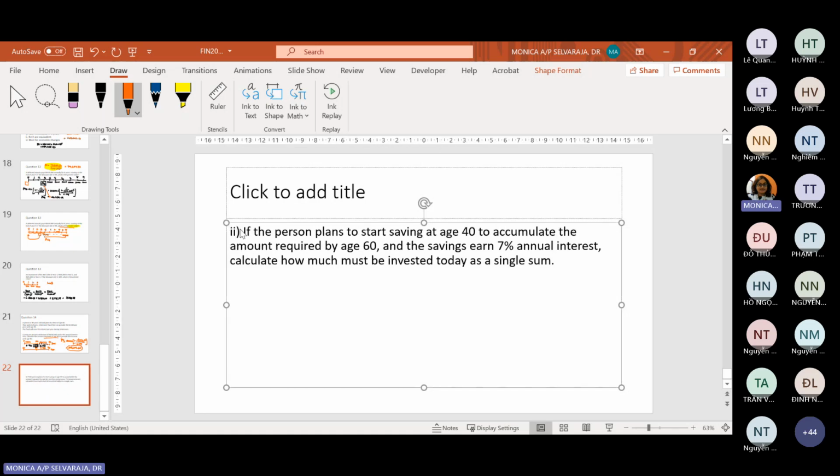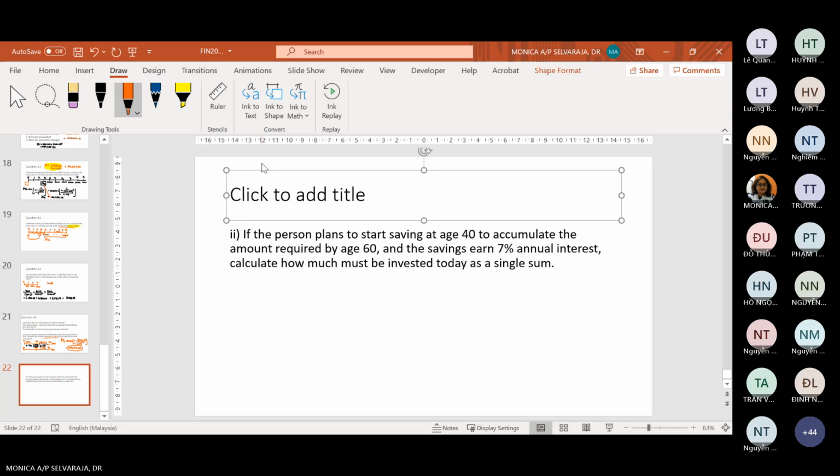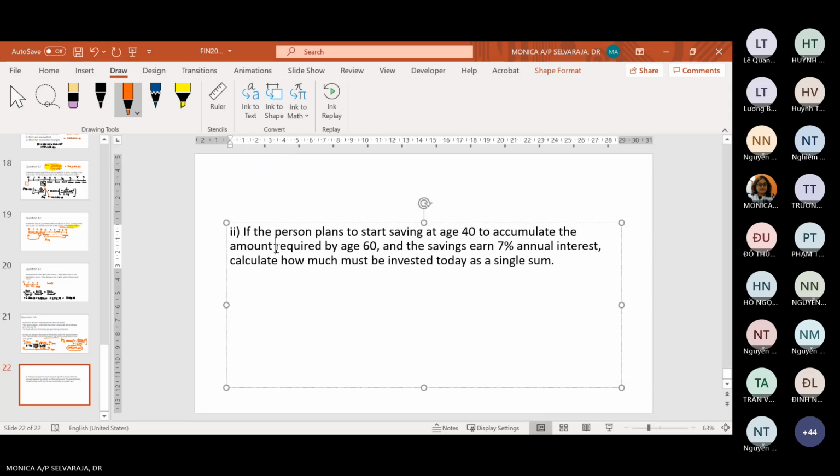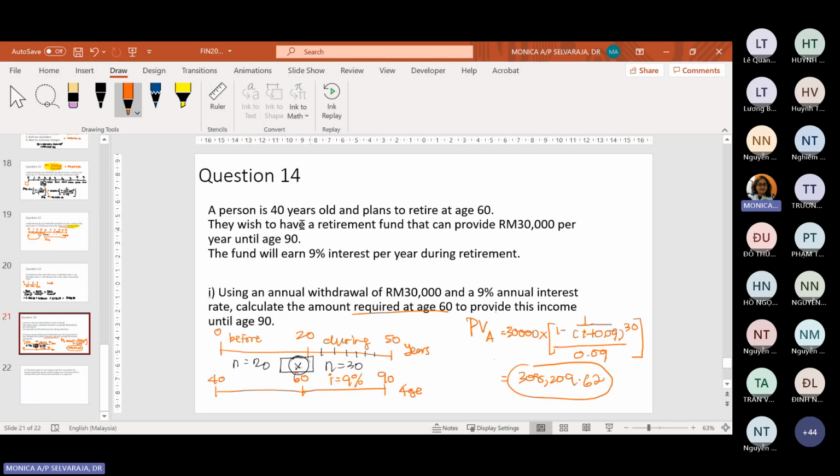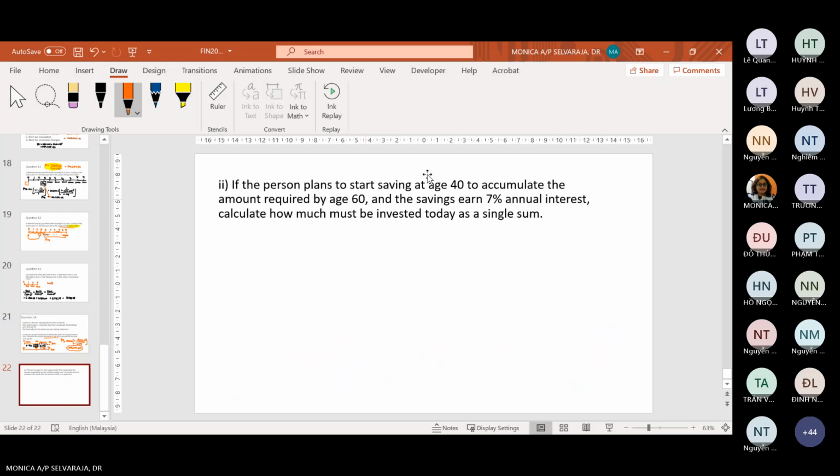If the person plans to start saving at 40, that means you save at 40 to accumulate the funds required at 60. So now 0 to 40 to 60.